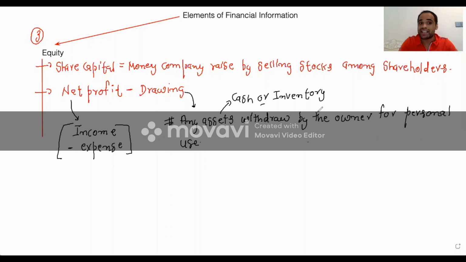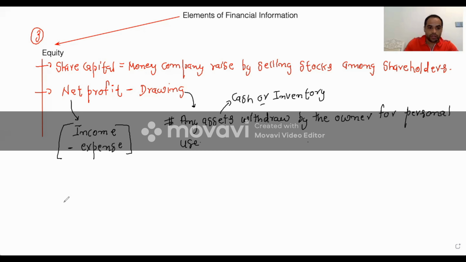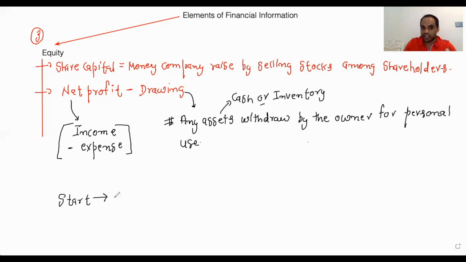Now, the question is why we have to subtract drawing from net profit. In order to understand this, we have to go back to the previous information that I provided before. So same thing. We start a company, we need finance. Finance comes from equity, which is selling stocks, and finance comes from debts. So we are talking about equity here.